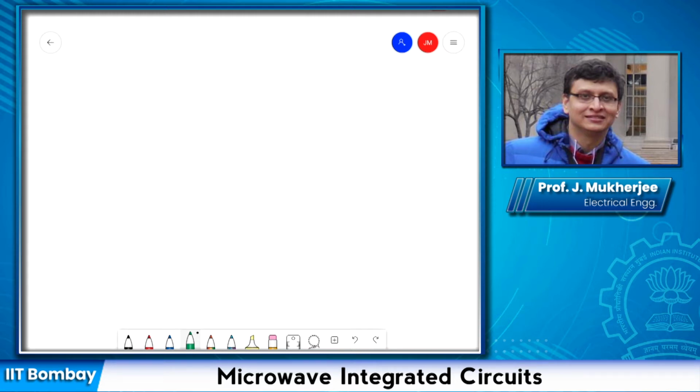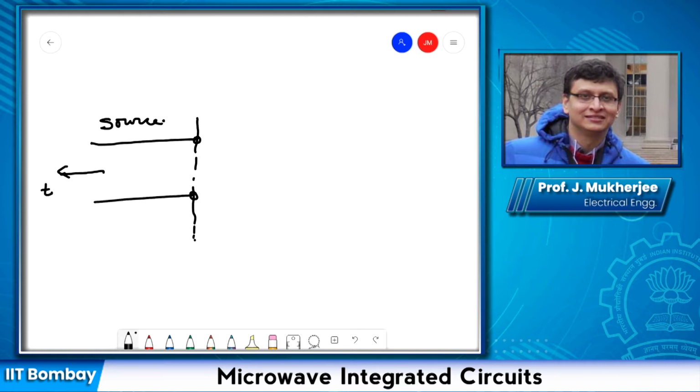So we have our source transmission line. Okay, so this is the source, and it extends, say, to infinity. We assume the actual voltage source is very far away.